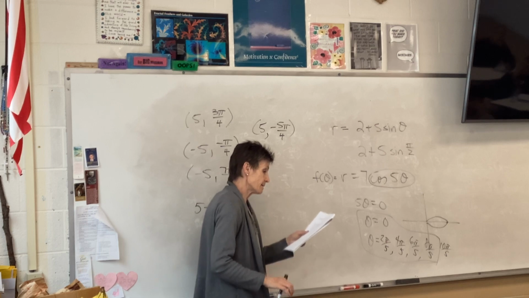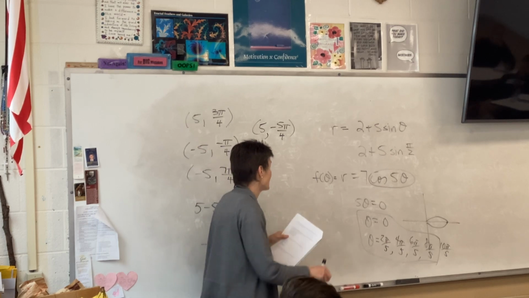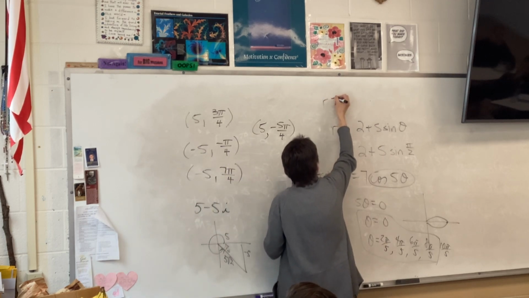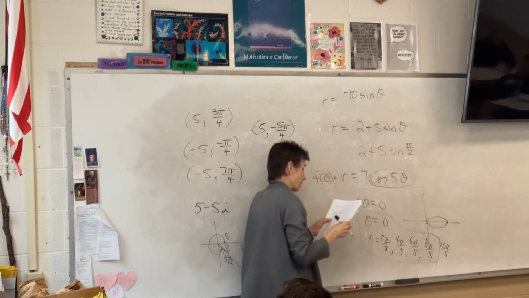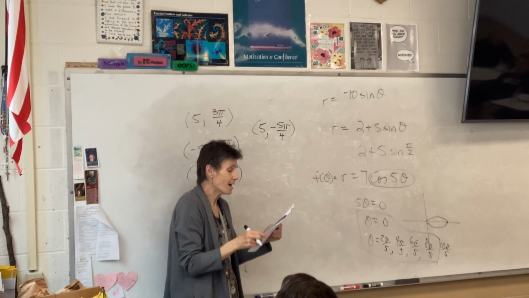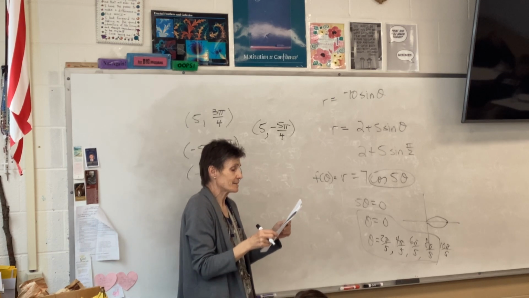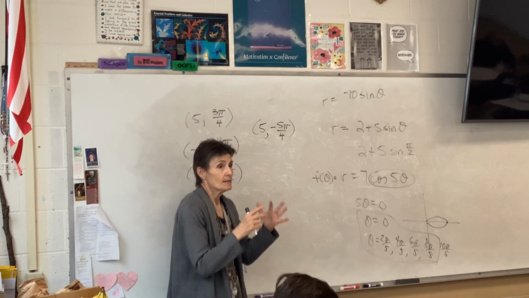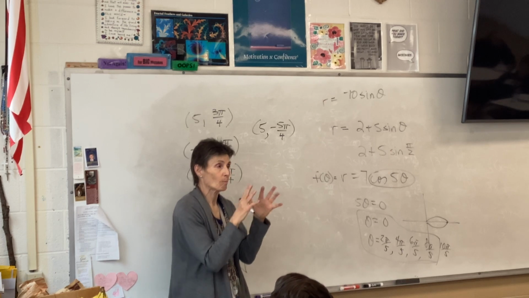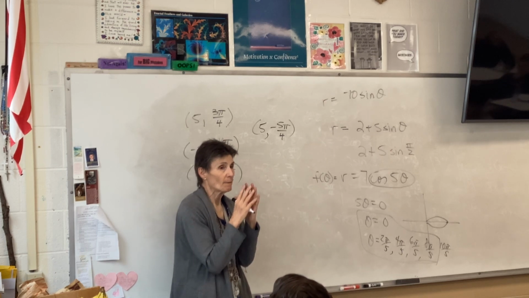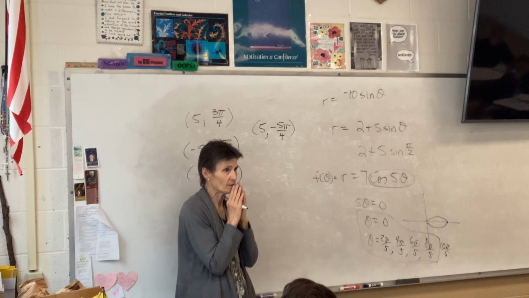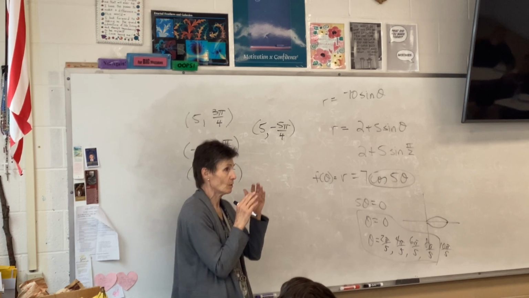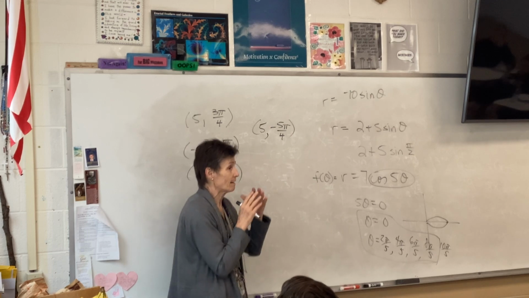All right. Consider the polar curve given by negative 10 sine theta. Which quadrants do not contain a point of the curve? Now, you could figure this out by plugging values in, but it would be a whole lot easier if you can remember what that equation is. That is not a rose. What is that?